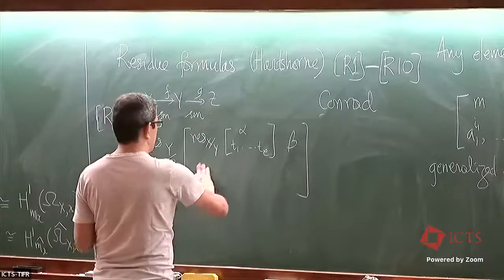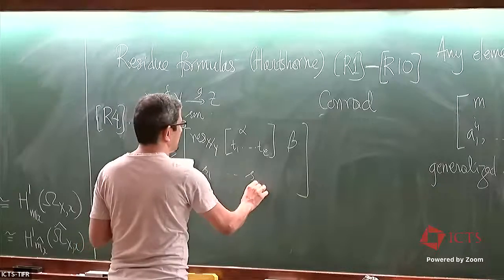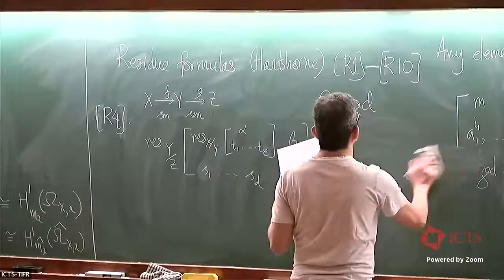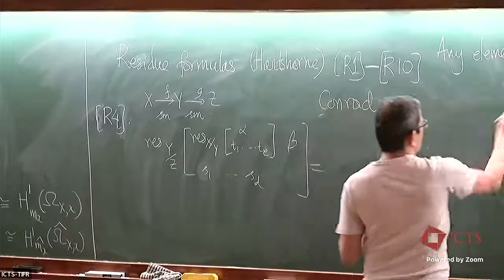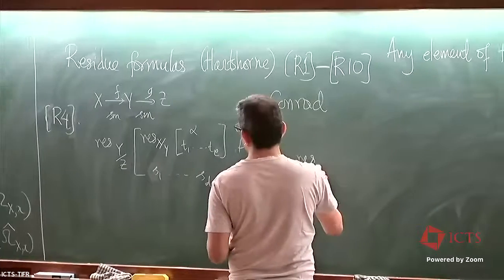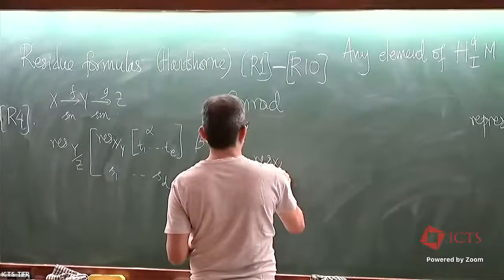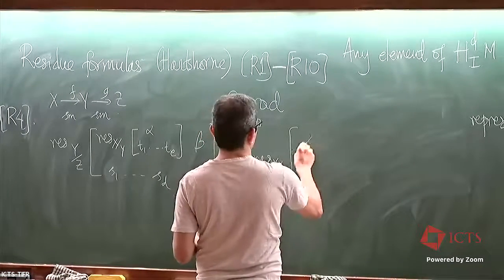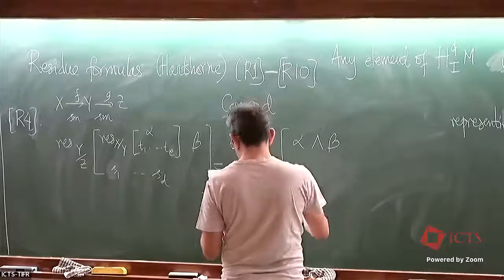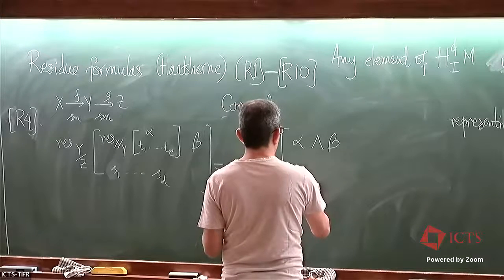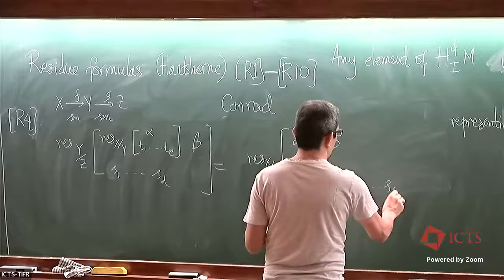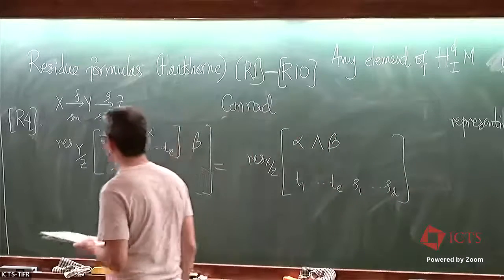And this is S1 to SE, but this has the expected form, which is equal to residue of x over z of alpha wedge beta, and then T1 to Te, S1 to S2. So this is one such formula.